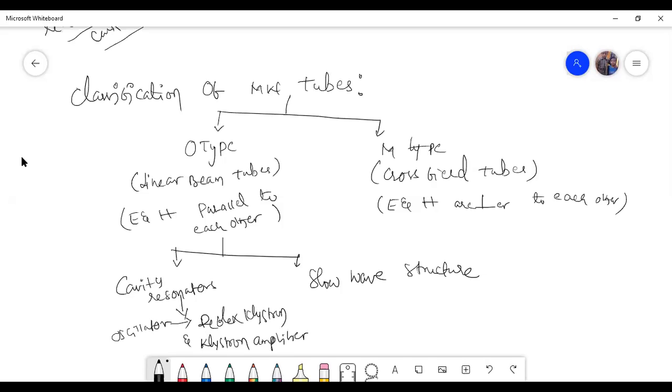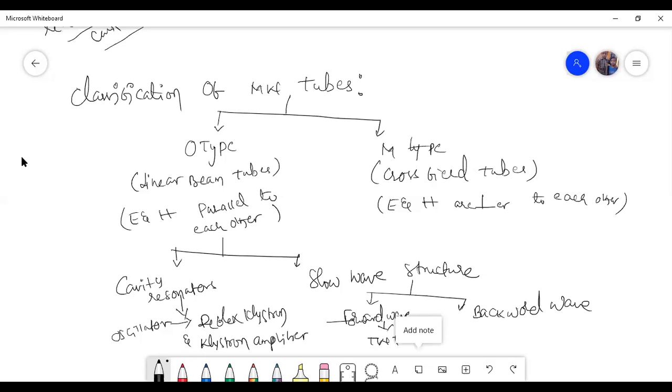And coming to slow wave structures, again here two types: forward wave and backward wave. The example for the forward wave structure is TWT.